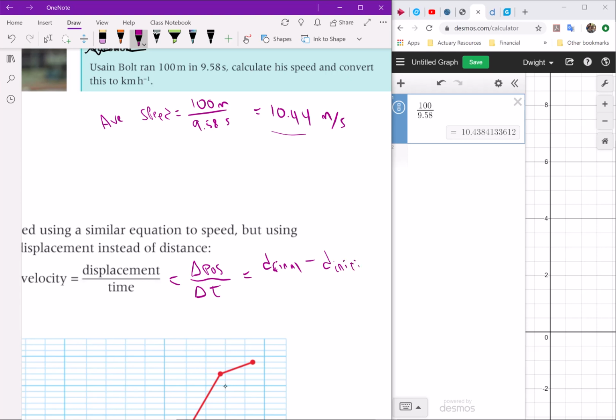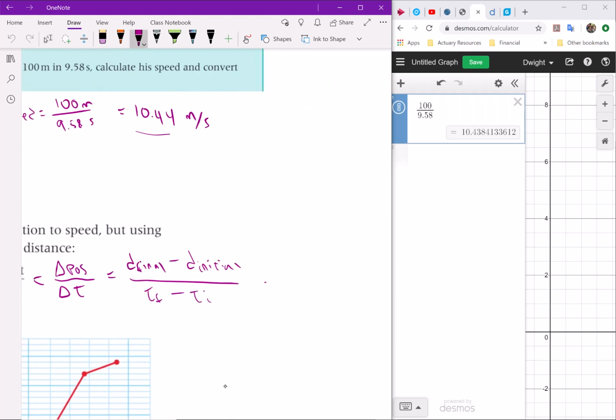So wherever you ended minus wherever you started, over your final time, what was the time when you ended minus what was the time when you started. And this usually gets abbreviated as df minus di over tf minus ti.